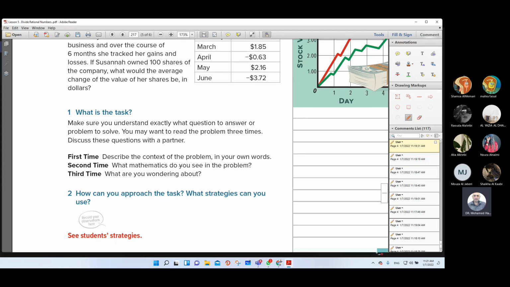The first time, describe the context of the problem in your own words. The second time, what mathematics do you see in the problem? Third time, what are you wondering about? How can you approach the task, and what strategies can you use?